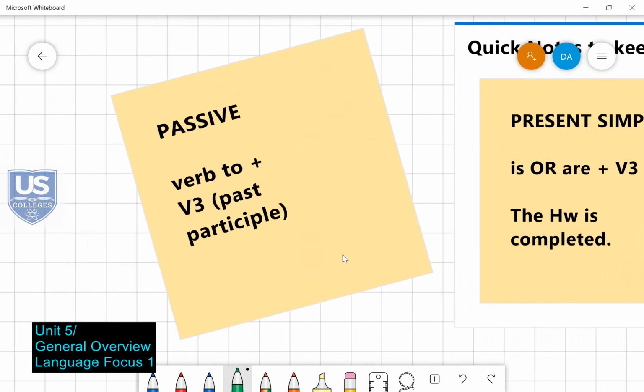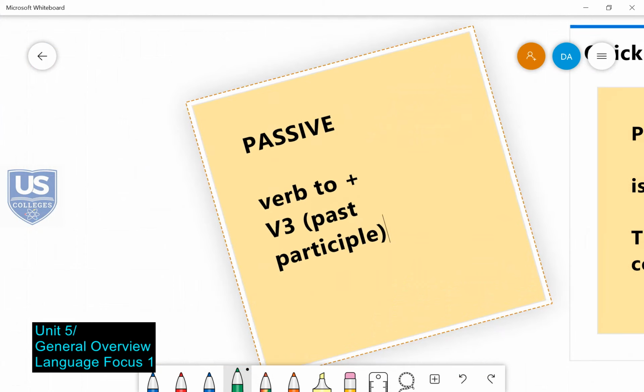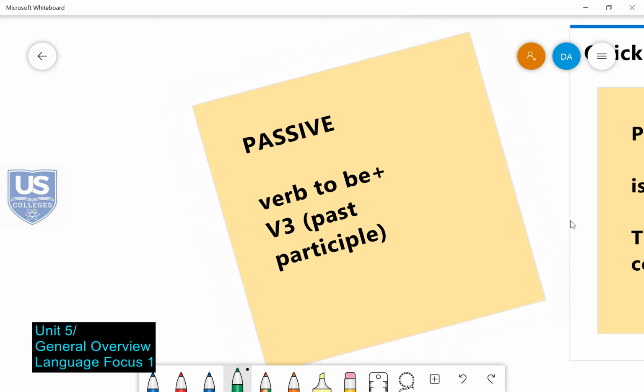So here, the core point of the passive is verb to be, let's add this, plus verb 3. In other words, past participle. Here again, there may arise such a question, where am I supposed to find these past participles of these verbs?